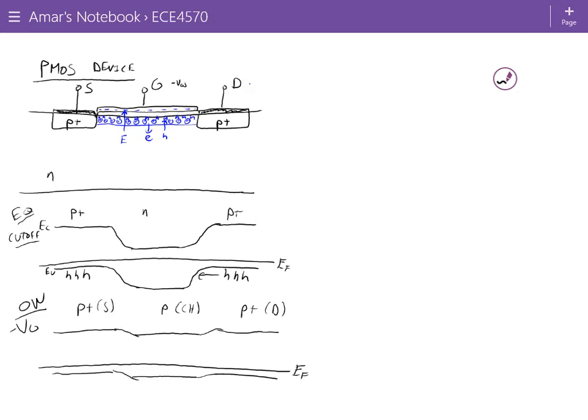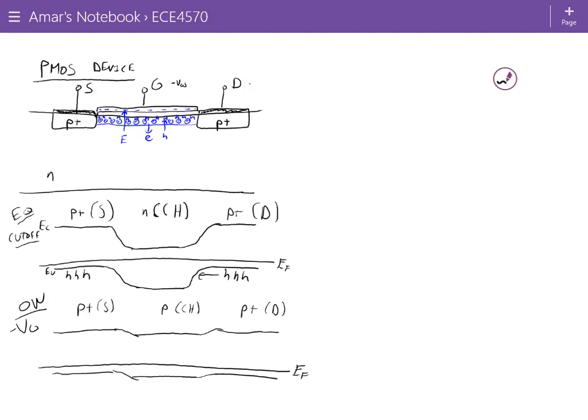When you're drawing these band diagrams in the horizontal cross-section, this middle region here, just to reiterate, this is the channel region. This is not the gate. This is the drain. This is the source. So underneath the gate, you're not applying a voltage directly to the channel region underneath the gate. So that's why the Fermi level is still a flat line all the way across.